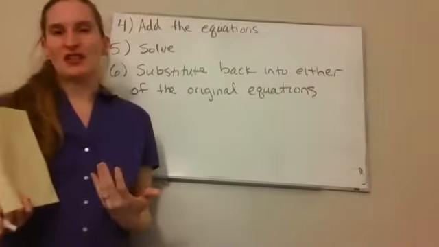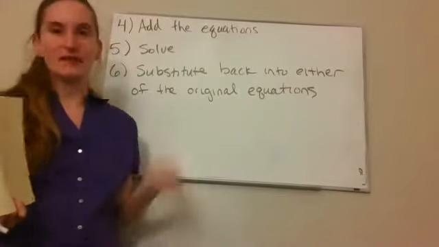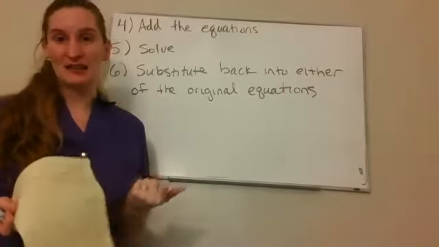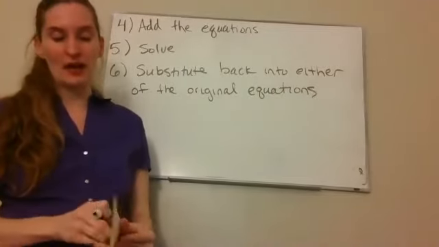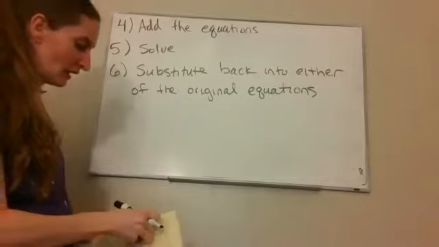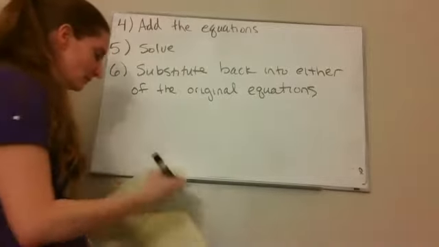Now, elimination or the addition method sounds very complicated and has a lot of steps, but I personally feel like it goes quicker than substitution in a lot of problems. So let's do an example where we use this method.